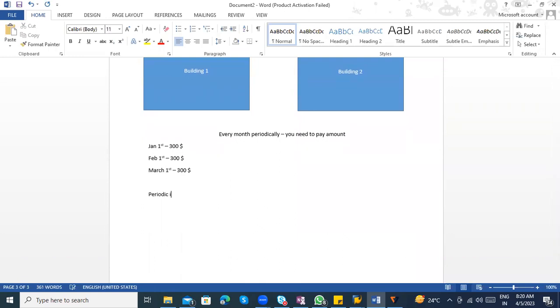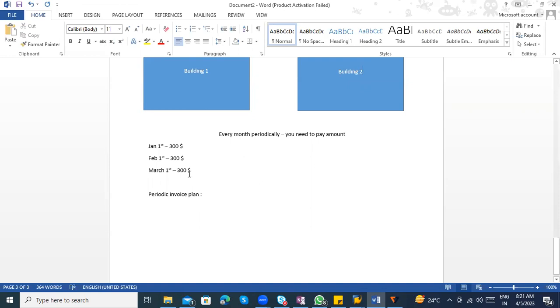That means you are not expecting any goods receipt from the owner. This is the agreement, like a one year rental agreement, which includes that every month you have to pay $300 to the owner.